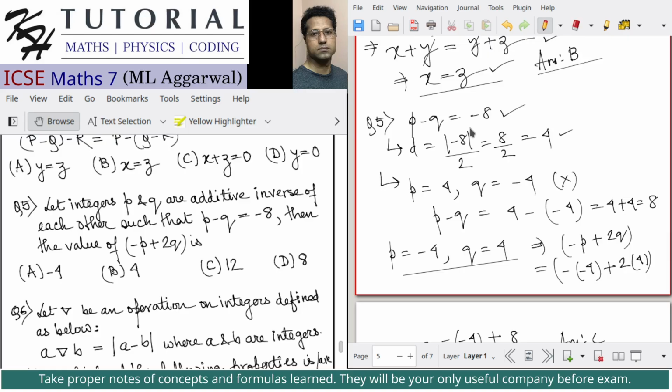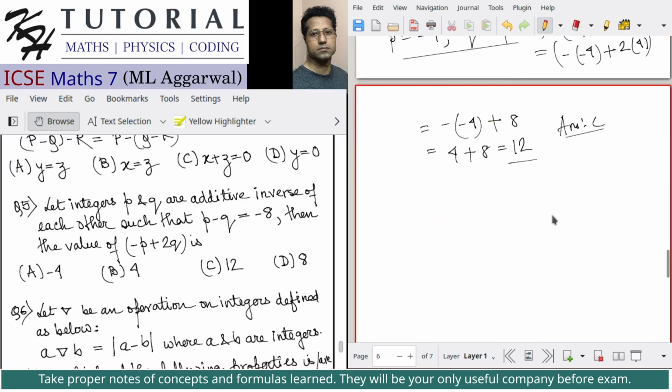Now if it is given p minus q is equal to minus 8, then you have to be careful whether p will be equal to 4 or p will be equal to minus 4. This you can do with a little bit of trial and error and find it out. In this case, it is clear that p has to be minus 4 and q has to be 4.